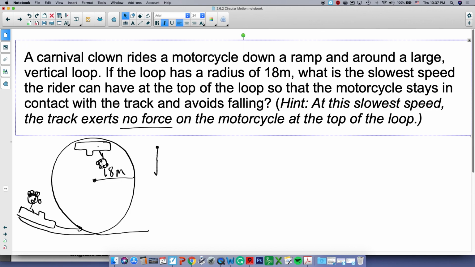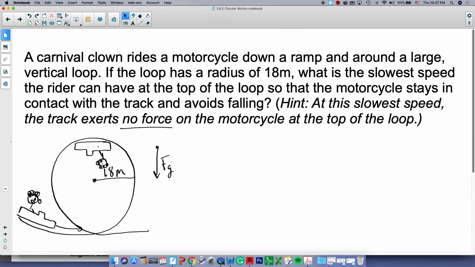Well, the only thing that's exerting a force up there is gravity. So at the top of the loop, I have gravity pulling me down. But where is gravity going? Gravity is going towards the center of the circle. So at the top of the circle, my gravitational force is equal to the centripetal force.